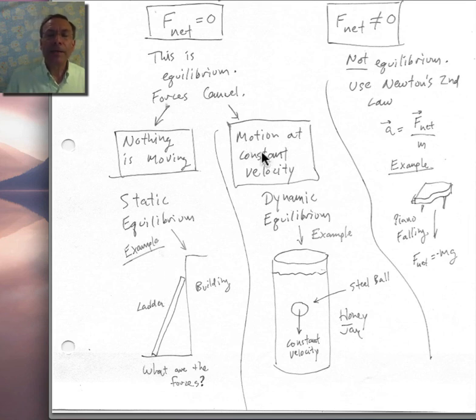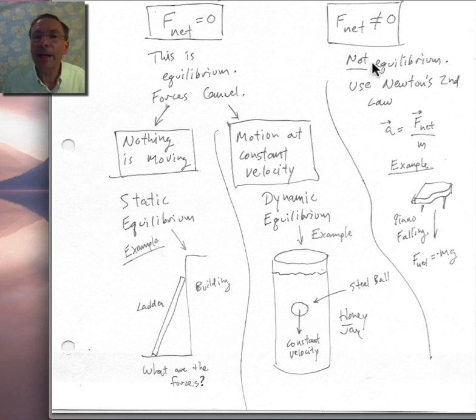And then there's dynamic equilibrium problems like a ball or something sinking through a viscous liquid. In my example here, a steel ball drifting down in a jar of honey. So it's going at a constant velocity. It's not speeding up. It's not slowing down. The net force is zero in this situation.